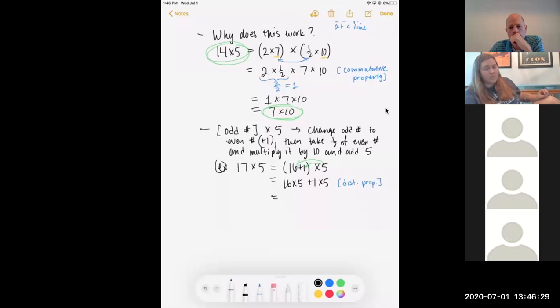Eight times 10. Yeah, which is? 80. Good. Okay, now the 1 times 5 became just 5. Now 16 times 5 you might not know offhand, but 8 times 10 is a lot easier to do. And they actually equal the same thing.